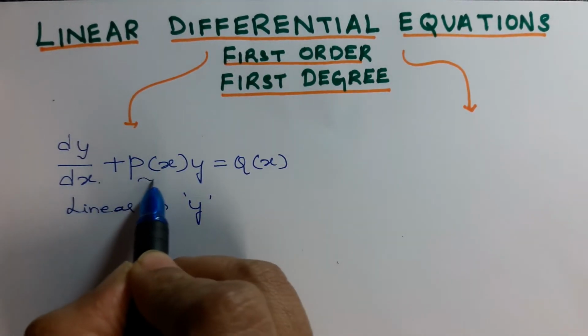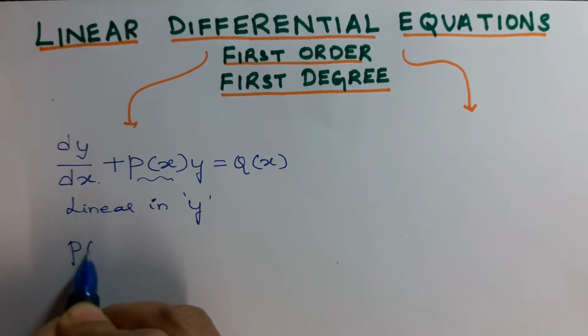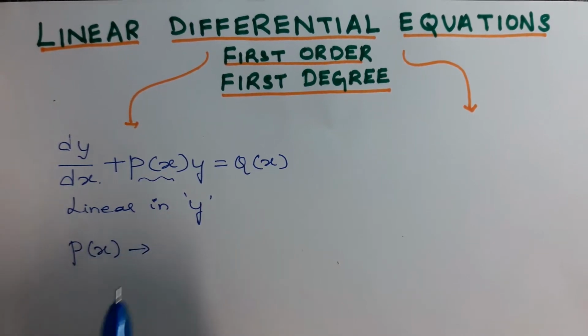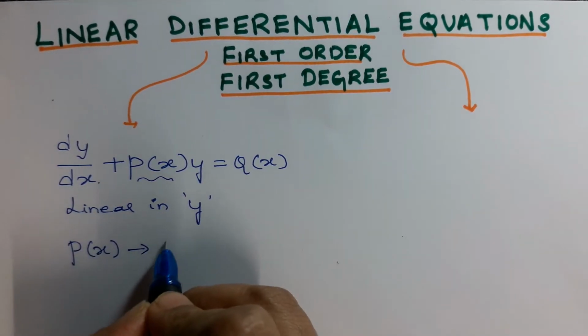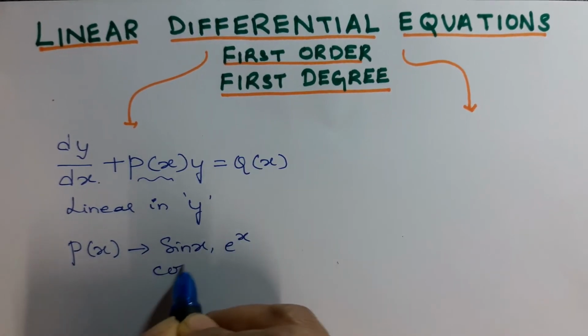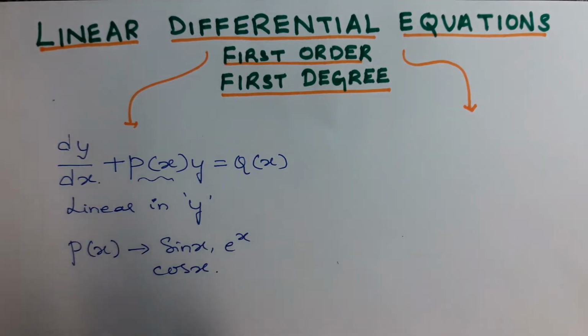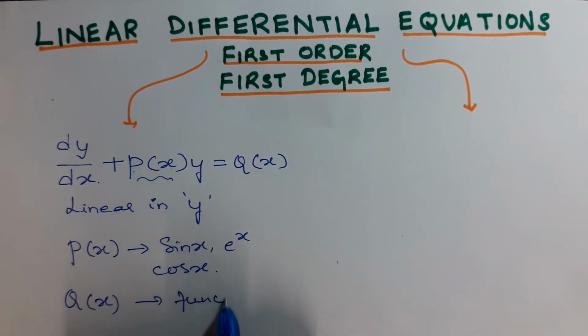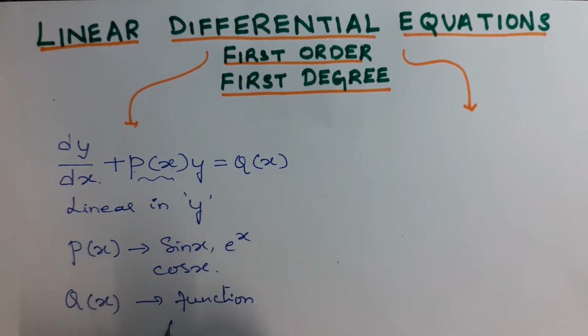What do you mean by p of x here? P of x is nothing but a function of x. For example, you can have sin x or e power x or cos x, any term which contains x or is a function of x. So p of x will always be a function of x, and q of x on the right hand side also represents a function of x.